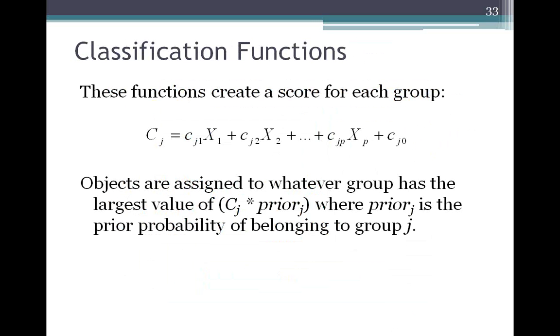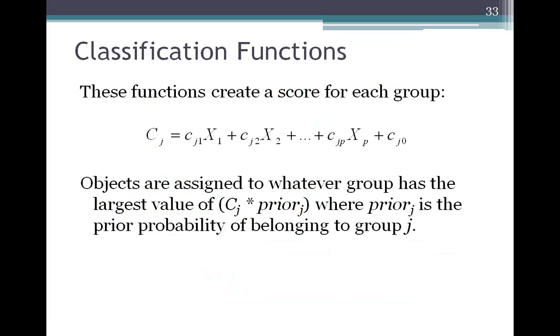Classification functions allow me to score each object, in this case each state, for either Obama or Romney. I can take a linear combination of the original variables, not the standardized ones. It doesn't matter. I could have done it that way, but it's on the original variables.